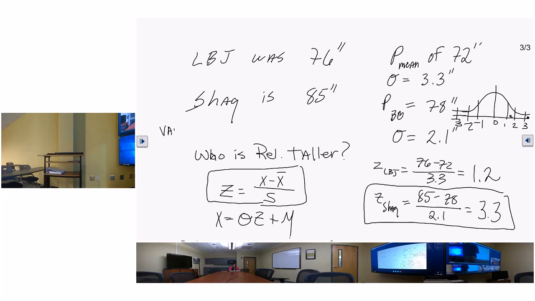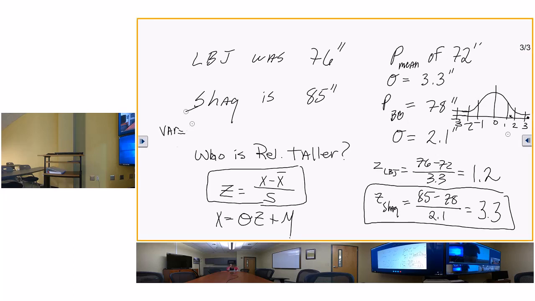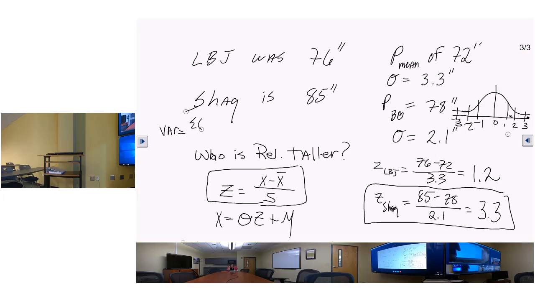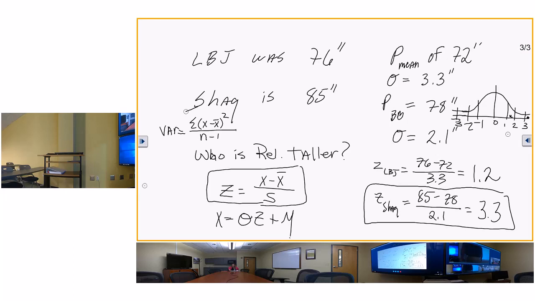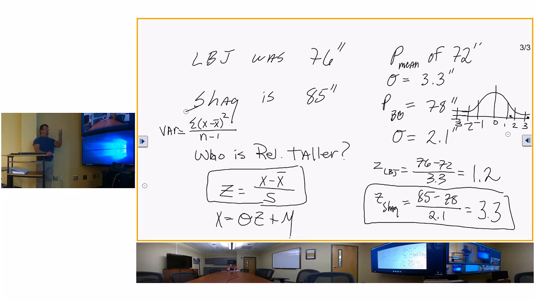Variance is equal to the summation of x minus x bar quantity squared over n minus 1. So in that first problem we did, n was 4, so we divide by 3. 4 minus 1 is 3. In the second one, I think it was 8. The second with the 2 parts. 8 minus 1 is 7, so we divide by 7. Got it. It's always n minus 1. Okay? Thank you. Appreciate it.